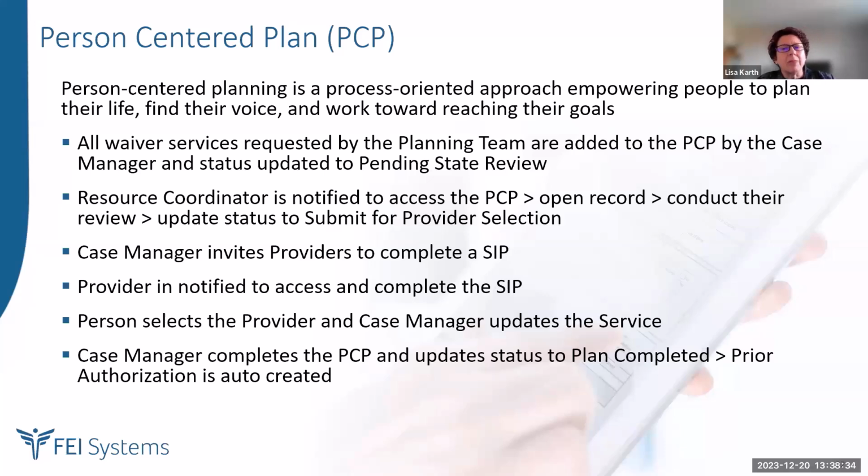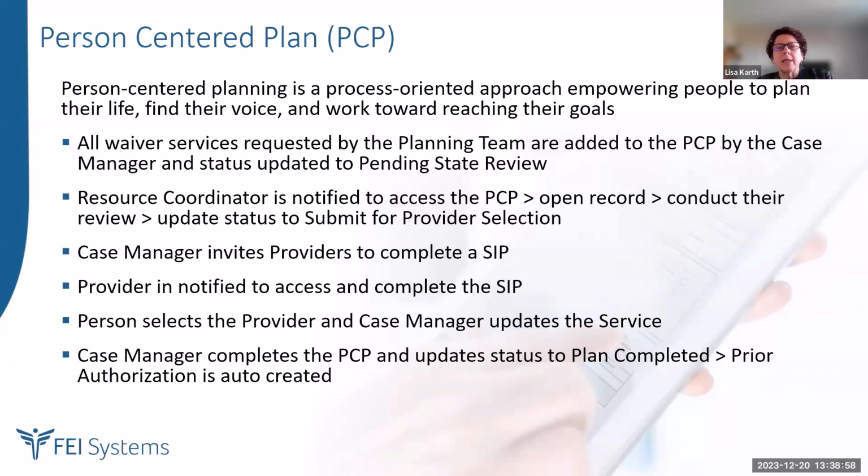So we've already gone through a couple steps, and with each step, as this PCP or SIP has gone from one person to the other, or one role to the other, there's been a notification. Well, once the case manager gets this back, they're going to discuss the provider options with the person, select the provider.